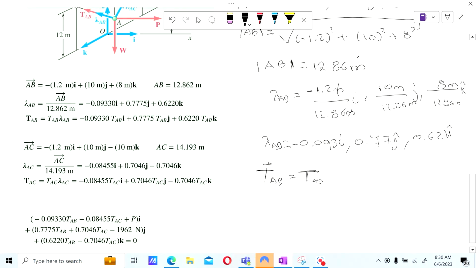So tension at AB multiplying negative 0.093 I, or actually we don't have to do the whole thing.